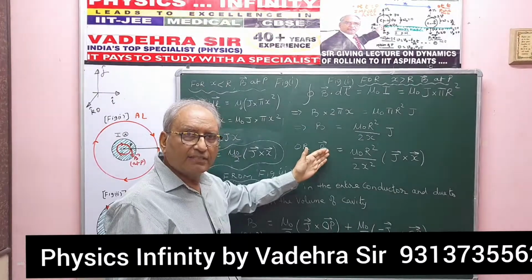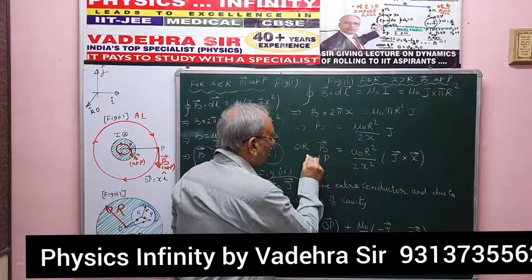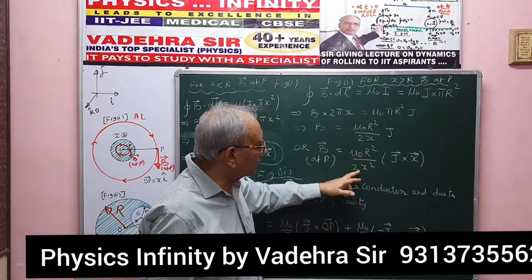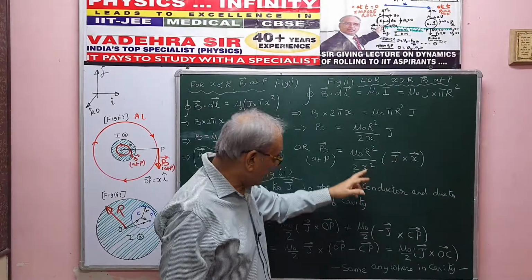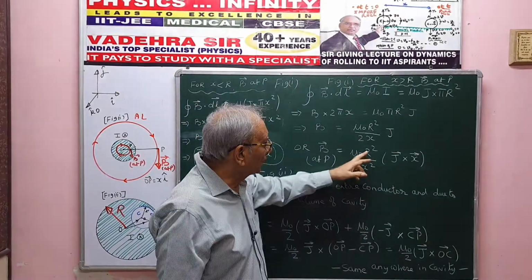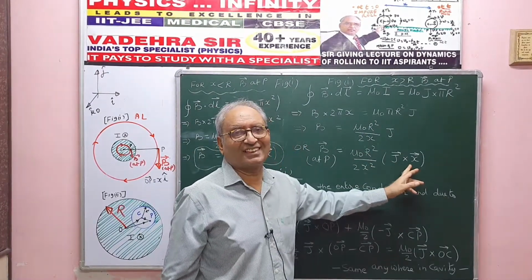Now I make it in vector form. So B arrow at P, outside the wire, is mu naught R square upon 2x square. I multiply and divide by x, so mu naught R square upon 2x square, J arrow cross x arrow.